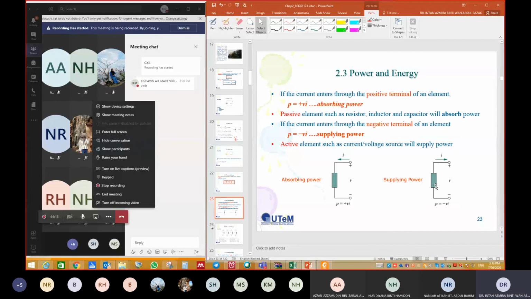For this figure, the current arrow leaves this point, meaning it enters this point, the negative terminal, so it is supplying power.